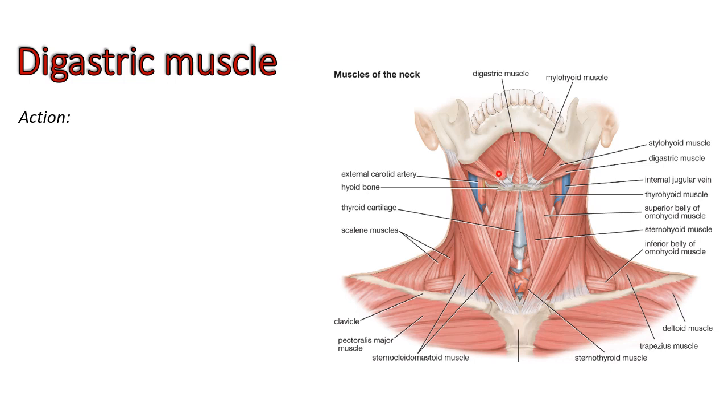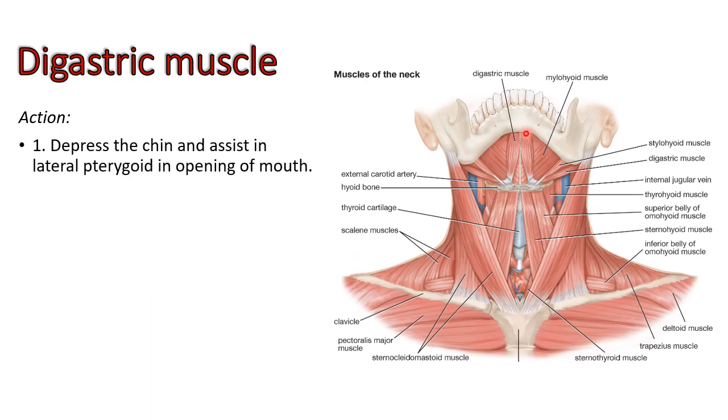The anterior and the posterior belly will act together, so they retract the chin and depress the mandible, and thereby open the mouth, assisting the lateral pterygoid, because the lateral pterygoid is the chief muscle which depresses the mandible. Actually it brings about rotary movements in the temporomandibular joint. So it mainly depresses the chin and assists in opening the mouth.